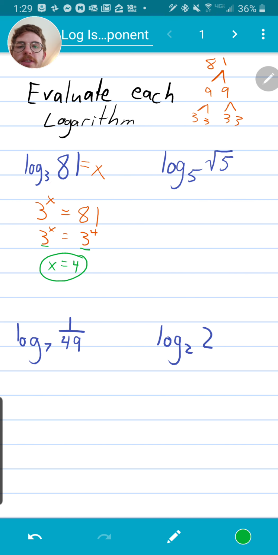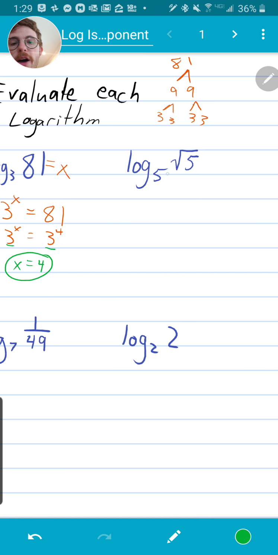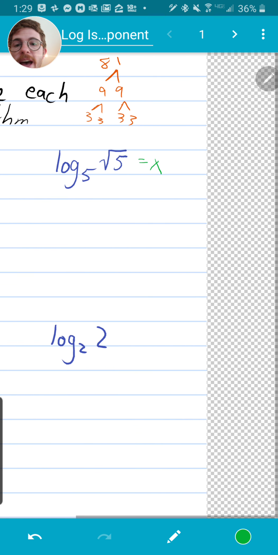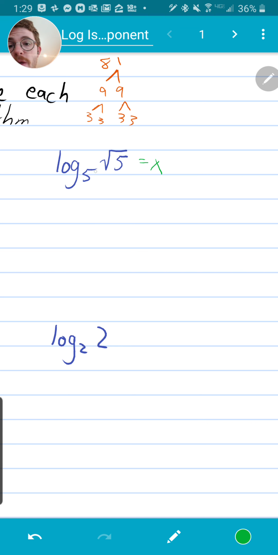Let's continue to see this play out. We've got log base 5 of the square root of 5. Well, a log is an exponent, so it is x. The base is 5. It is the exponent x, and this must equal the square root of 5.